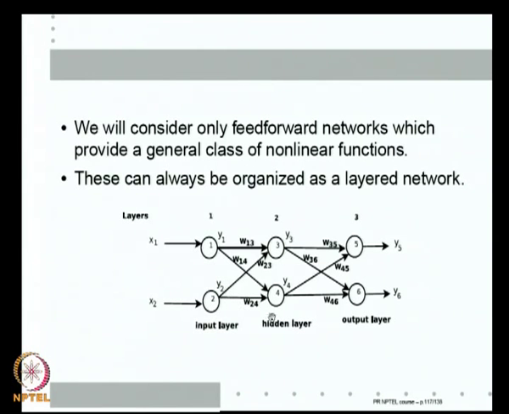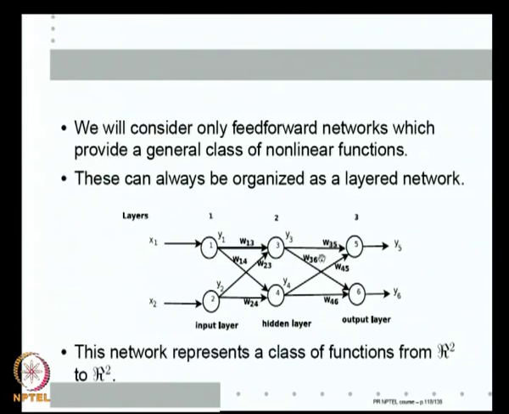Everything in between is the hidden layers. So, this we call a hidden layer. Later on I will tell you why the name hidden. This particular network represents some class of functions from R2 to R2. It has 2 inputs and 2 outputs. If I put this entire thing into a black box, it represents some function from R2 to R2.